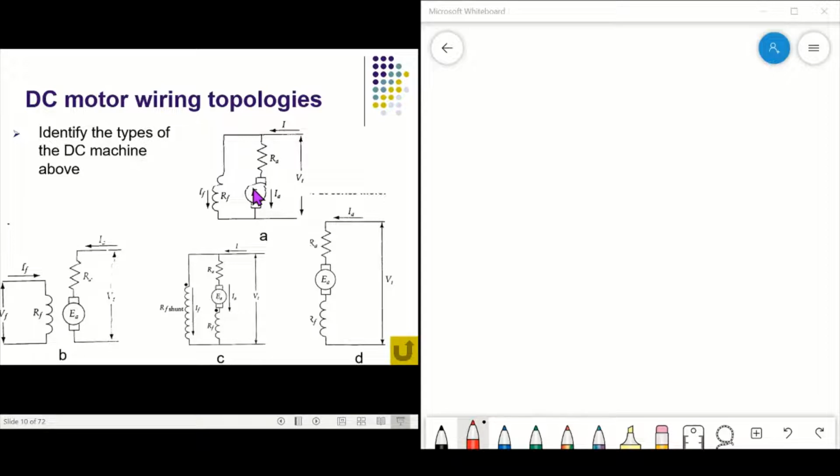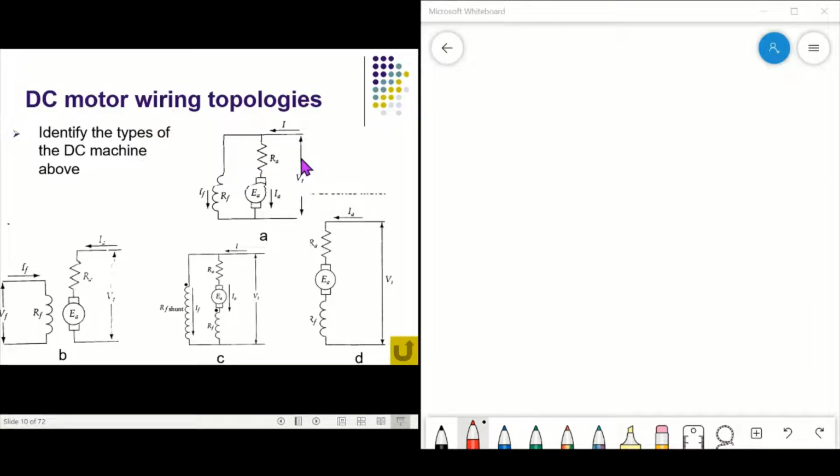If you look at figures A, B, C, and D, we have EA, which represents the armature circuit, and then we have RA, which also represents the armature circuit.